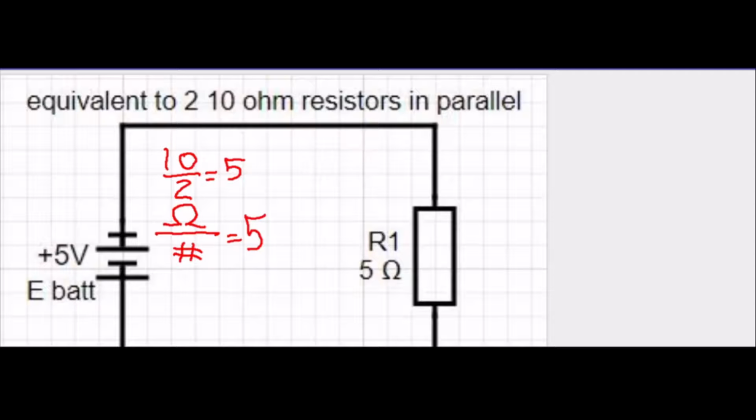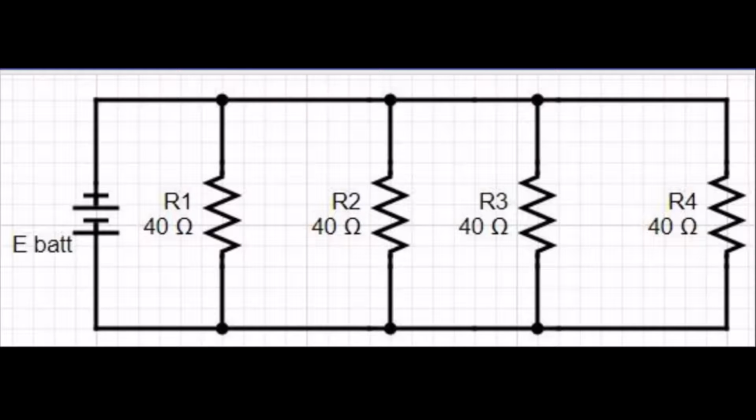So let's take a look at our current example and see if that works. If we plug that into our current example, what size are our resistors? Well, they're 40. And how many of them are there? 1, 2, 3, 4.